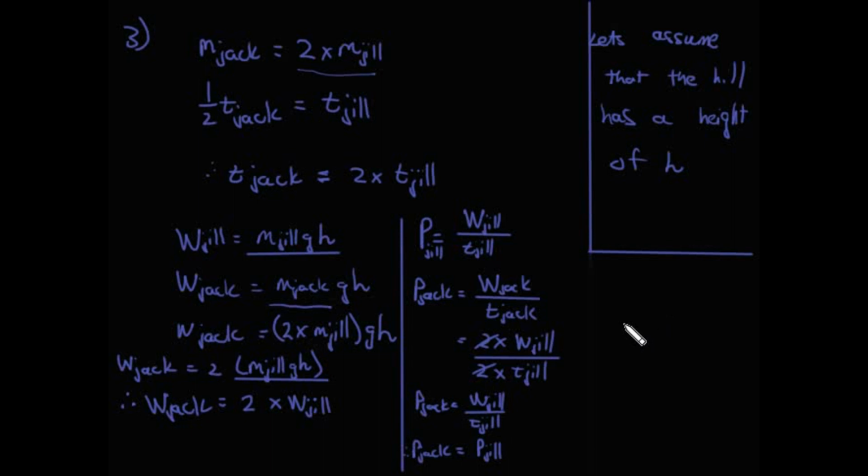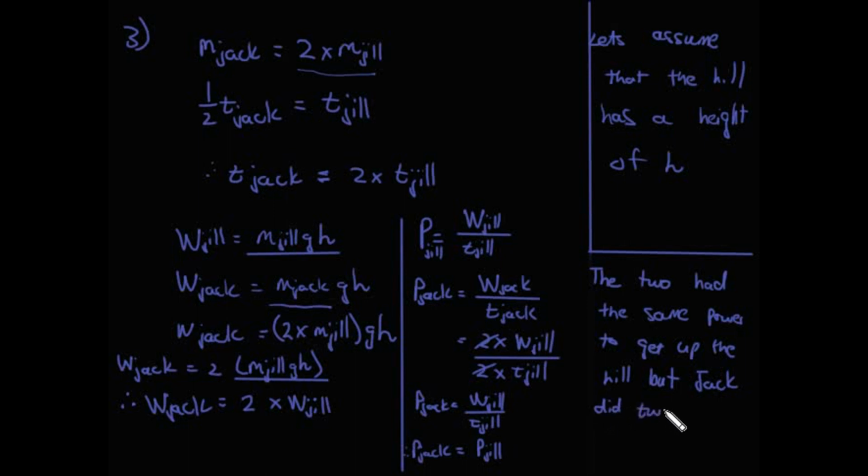We can therefore see that the two had the same power to get up the hill, the same power to get up the hill, but Jack did twice as much work as Jill. We can see that from our calculations.